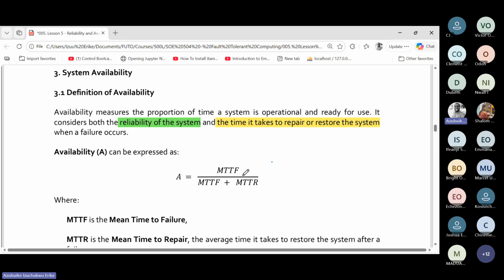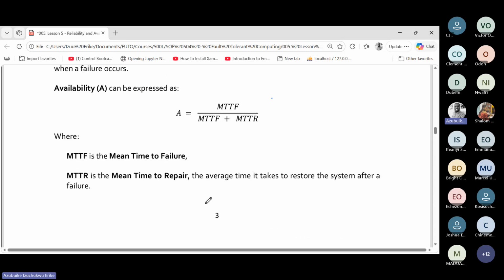Now, what does MTTF mean? It means the mean time to failure, whereas the MTTR is the mean time to repair.